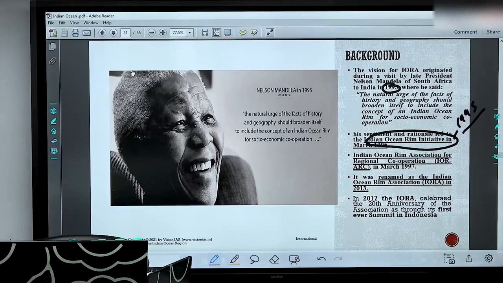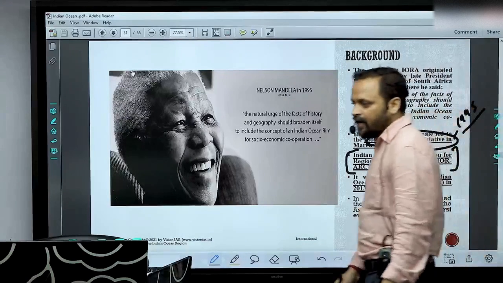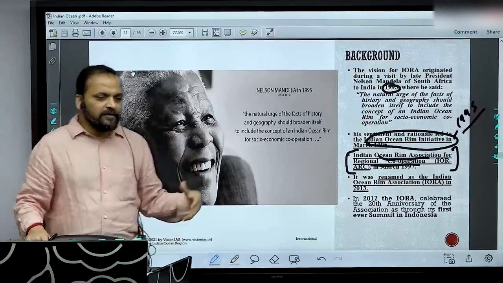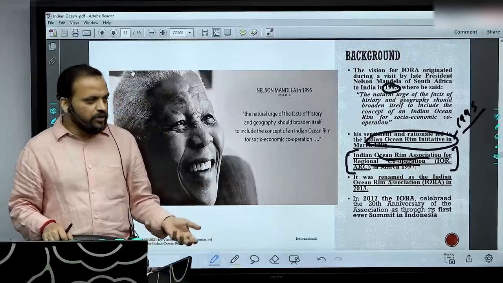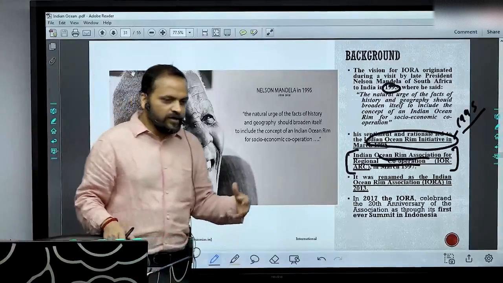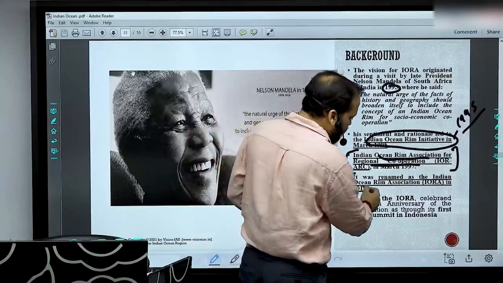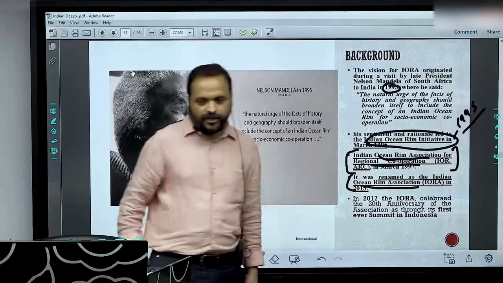Indian Ocean Rim Initiative. उसके बाद then a full-fledged regional organization, Indian Ocean Rim Association for Regional Cooperation, IOR-ARC is created. All right, and then इतना मुश्किल नाम है इंडियन ओशन रिम एसोसिएशन फॉर रीजनल कोऑपरेशन, तो उसको सिंप्लीफाई कर दिया 2013 में, it became Indian Ocean Rim Association.